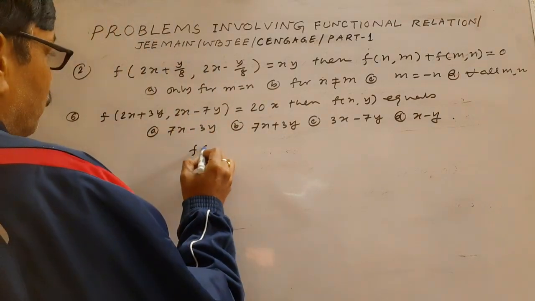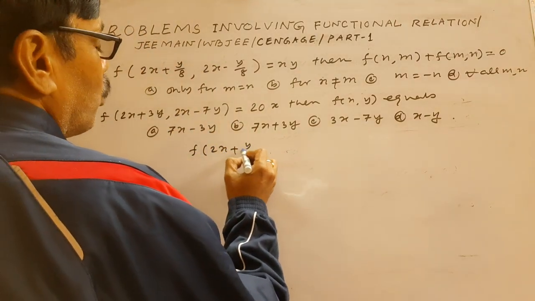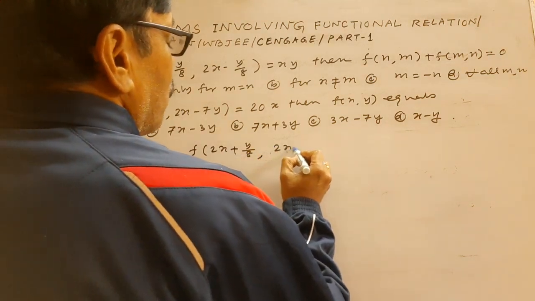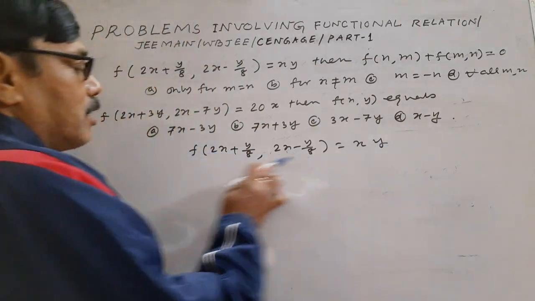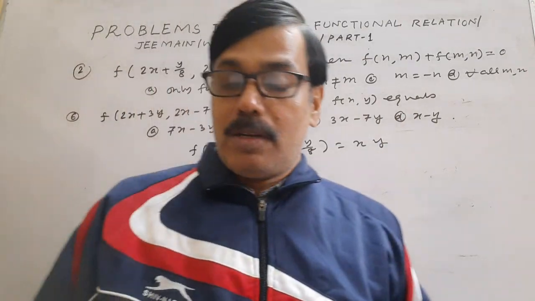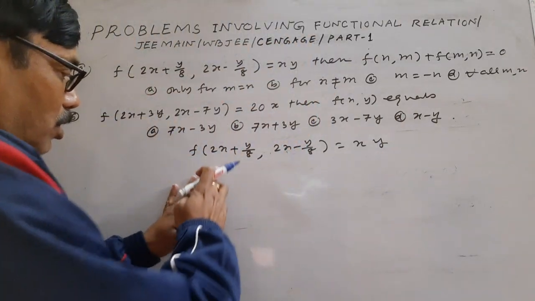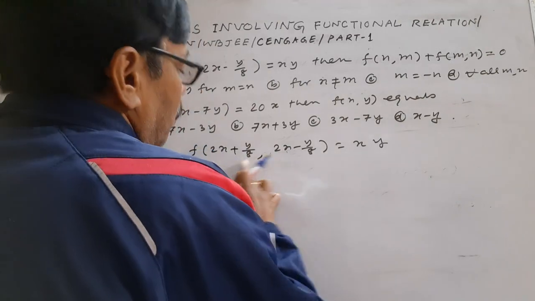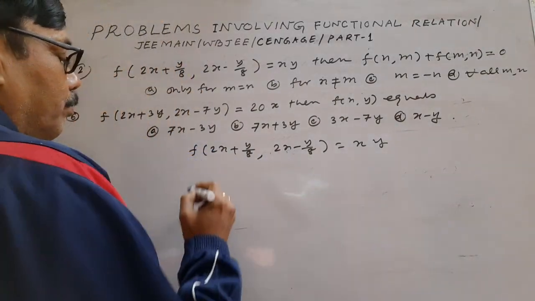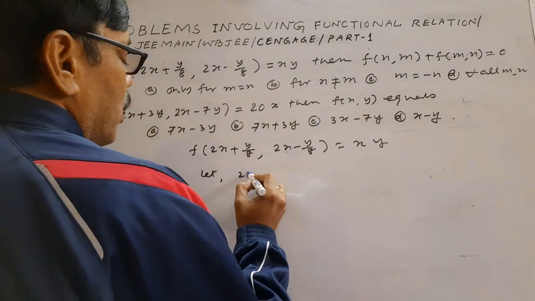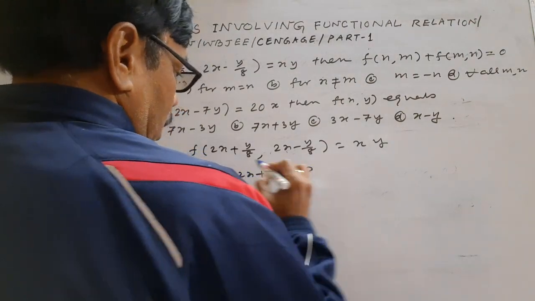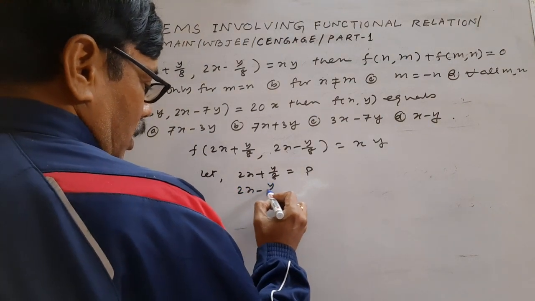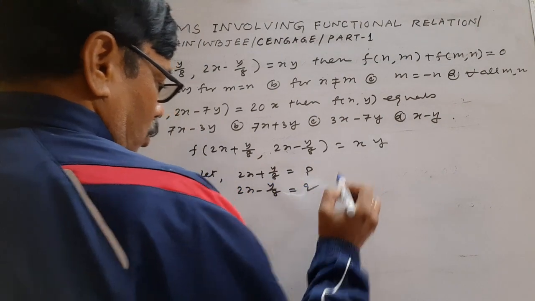So look, our main aim will be to express it as a function of x comma y. So this as a single variable, this as a single variable. So let (2x+y)/8 = p and (2x-y)/8 = q.